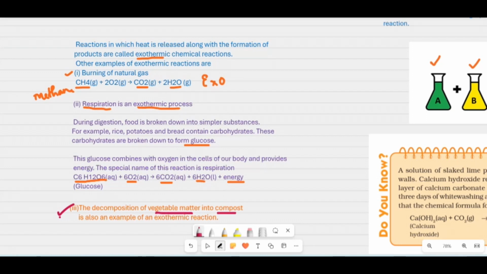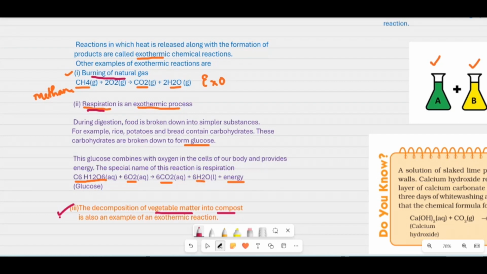That is also an exothermic reaction. So these three reactions, burning of natural gas, respiration and decomposition of vegetable matter into compost, are examples of exothermic reactions. So what are exothermic reactions? Exothermic reactions are reactions in which heat energy is released in large amount.